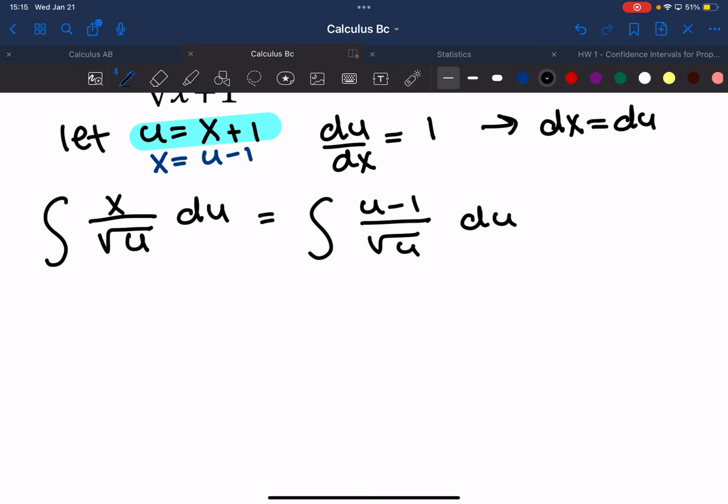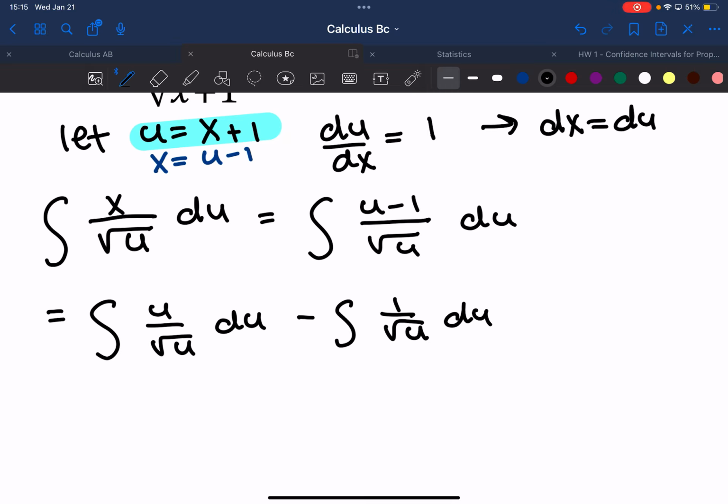So, is there a way we can separate this integral into two integrals? Yes. So this is the integral of u over the square root of u du minus the integral of 1 over the square root of u du. Minus because I'm left with a negative 1, and I just moved the negative to the outside.